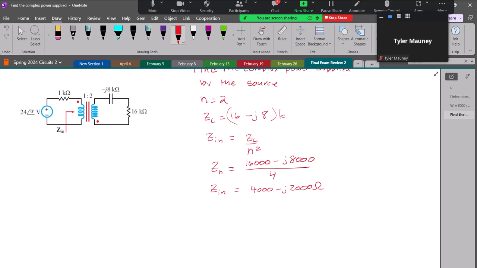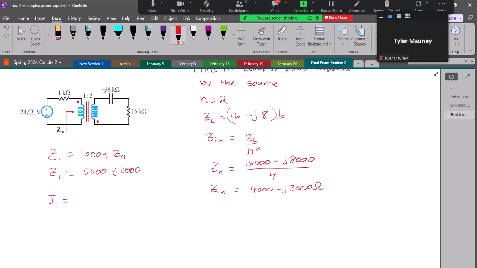All right, so now if I add up all the impedances on the one side, I can say Z1 total is 1,000 plus Zn, or Z1 is 5,000 minus j2,000, and then I can get I1.